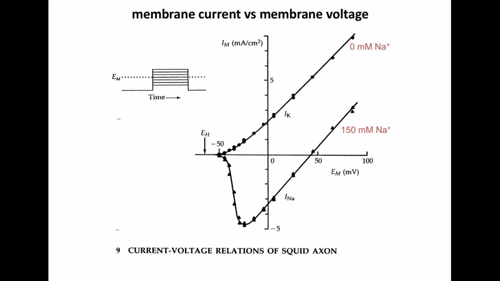If you hit minus 50 millivolt, the potassium current is switched on. Now, if we go to the physiological sodium concentration, you see the second current occurring, which is, as we learned, due to the sodium ions and sodium channels.